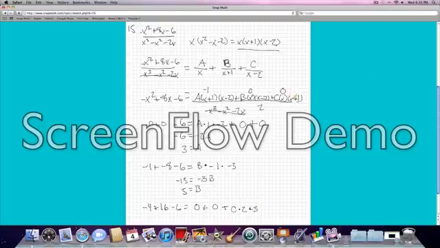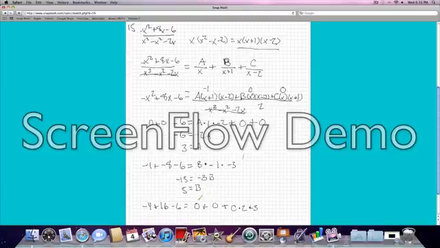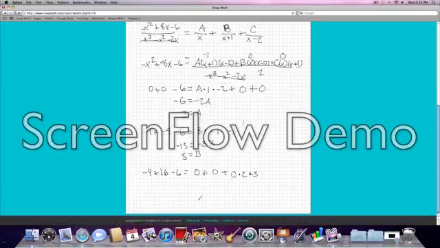See, 2 plus 1 is 3. And if we add this all up, we get 6 over here is equal to 6C. So we know that C equals 1. So if we plug that into our equation up here for the decomposition, we have A, B, and C.